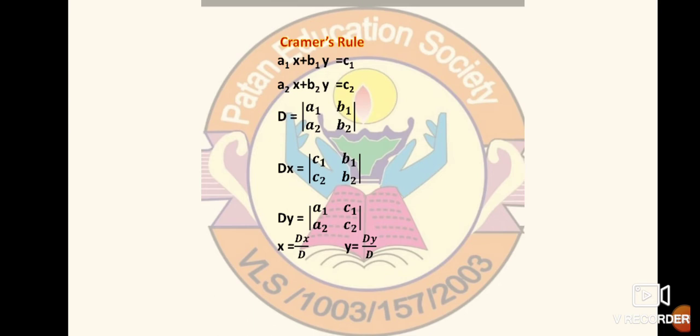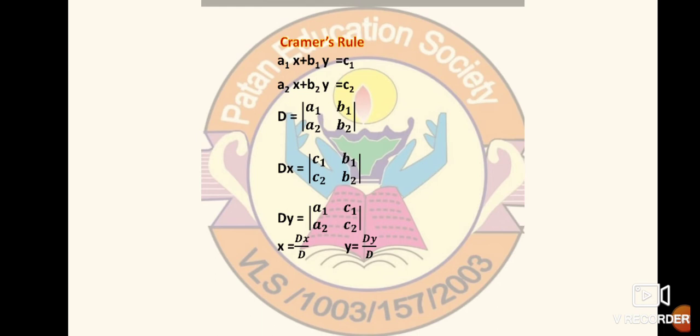So a1, a2, which are the values of x, will remain as they are. And in place of b1, b2, you have to write c1, c2 as you are calculating dy. Means while calculating dx, the values of x will be replaced by constants, and while calculating dy, the values of y will be replaced by constants. a1, a2 will remain as they are in dy, and b1, b2 will remain as they are in dx.